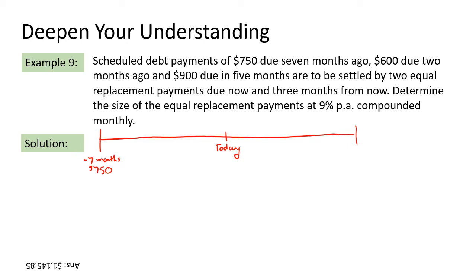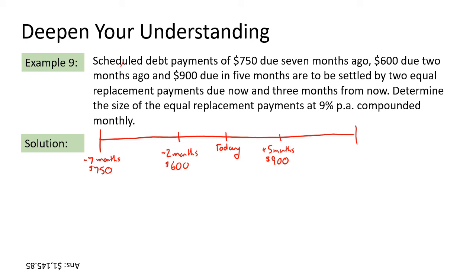Okay, so that was $750. Your second payment was $600 2 months ago that you didn't pay, or that someone didn't pay. And your third payment is technically not due for another 5 months. So plus 5 months, and that value was $900. And you want to replace these by 2 equal replacement payments.